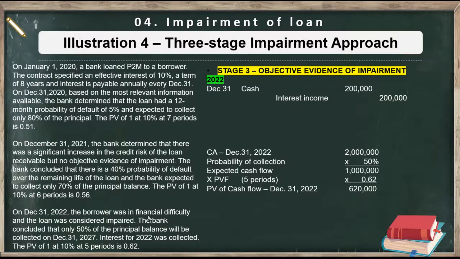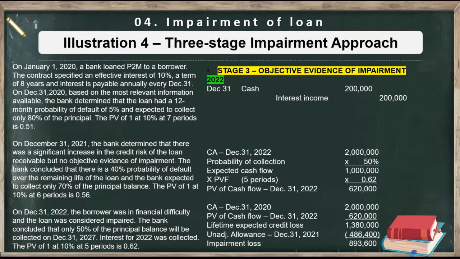And since there's only 50% probability that it will be collected, we multiply by 50%. Then we multiply the present value factor for the remaining 5 periods. So that's 0.62. So the total present value of cash flow would be 620,000. Then our impairment loss would be computed as follows.